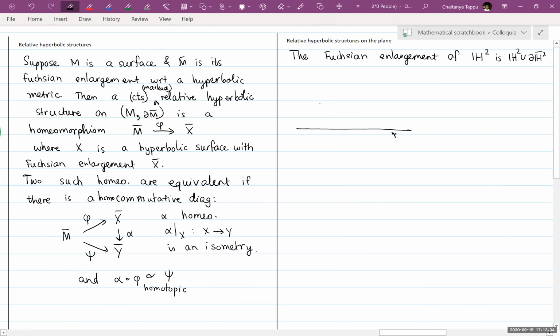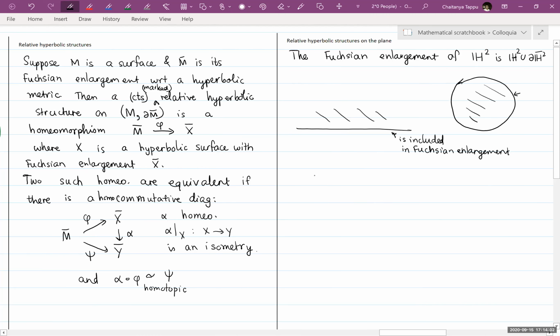So this part is included in the Fuchsian enlargement. And in the Poincare disk model, the boundary, just the usual circle which is the boundary of the disk, is the part that is included.